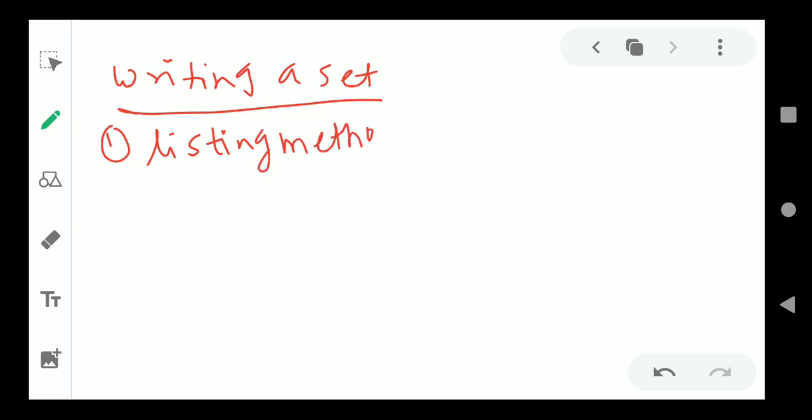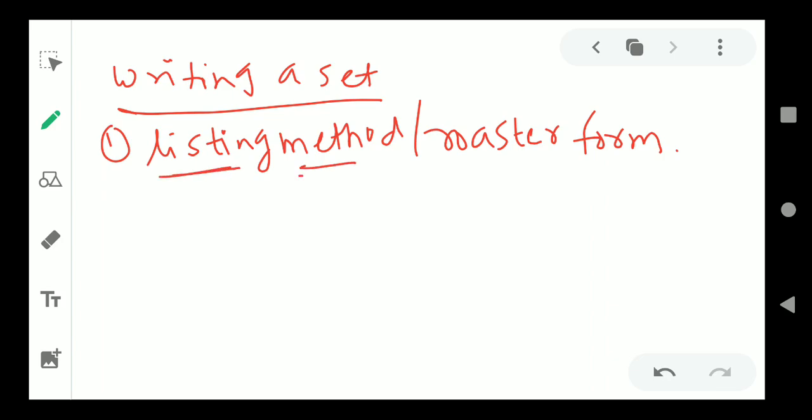Listing method is also known as roster form. Okay, roster form. As the name indicates, listing method means we have to write the list of elements in the given set. The list is also known as roster.